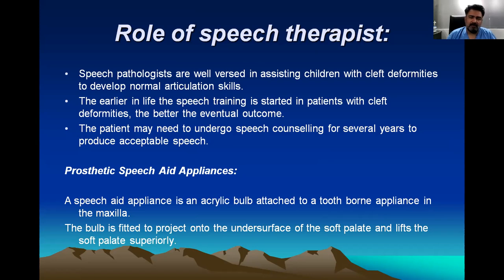The patient may need to undergo speech counseling for several years to produce acceptable speech. From the dental point of view, prosthetic speech aid appliances can also be given, where an acrylic bulb is attached to the tooth-borne appliance in the maxilla, and the bulb is fitted to the surface of the soft palate, and it lifts the soft palate superiorly.